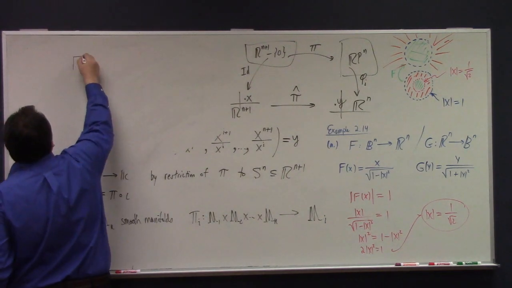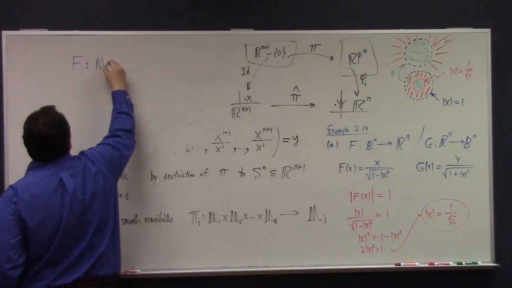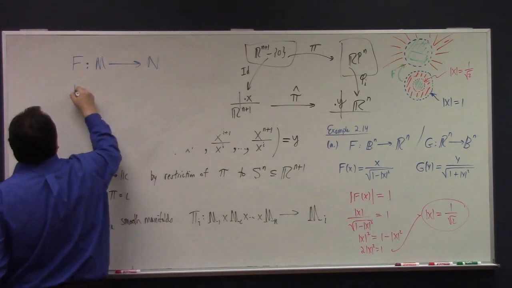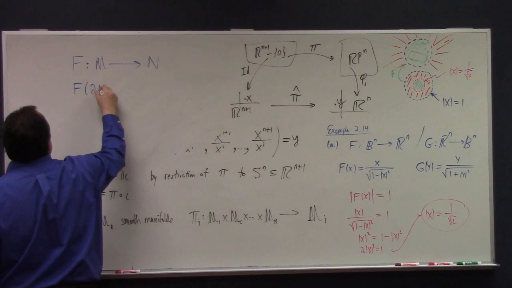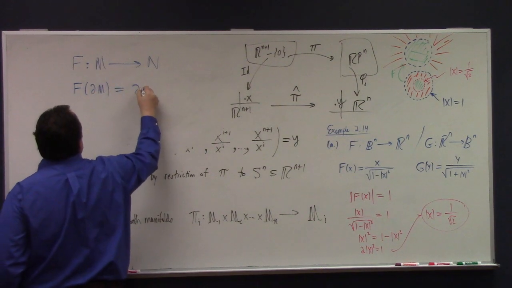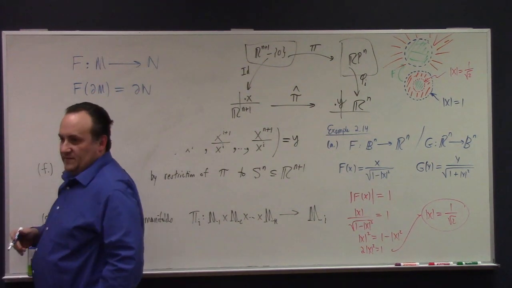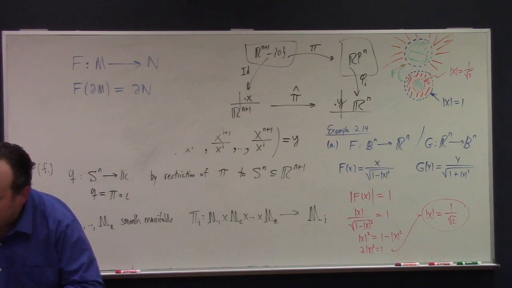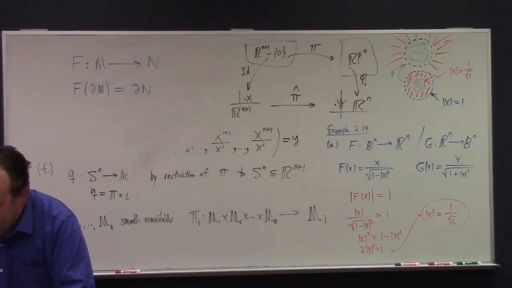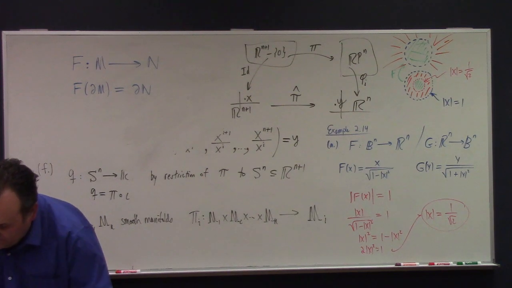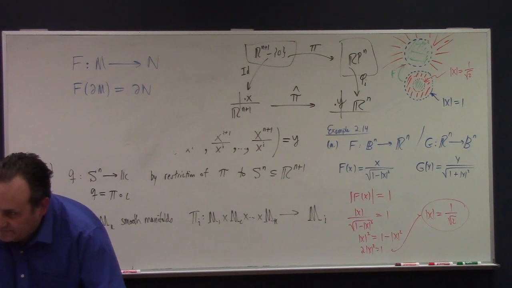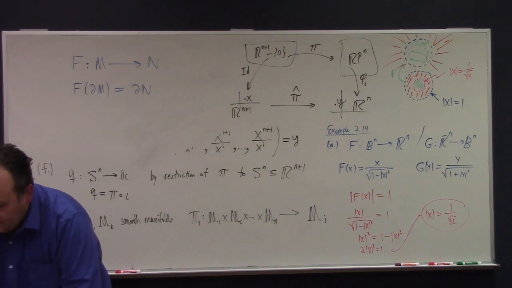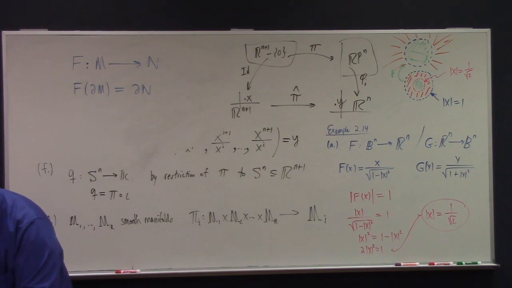If you've got a smooth diffeomorphism from M to N, then f of the boundary of M is equal to the boundary of N. So a smooth diffeomorphism of manifolds with boundary will map the boundary to the boundary. So that's very, very cool. And also, if you restrict it to the interior, you get a diffeomorphism from the interior to the interior. So there's that. That was theorem 2.18.